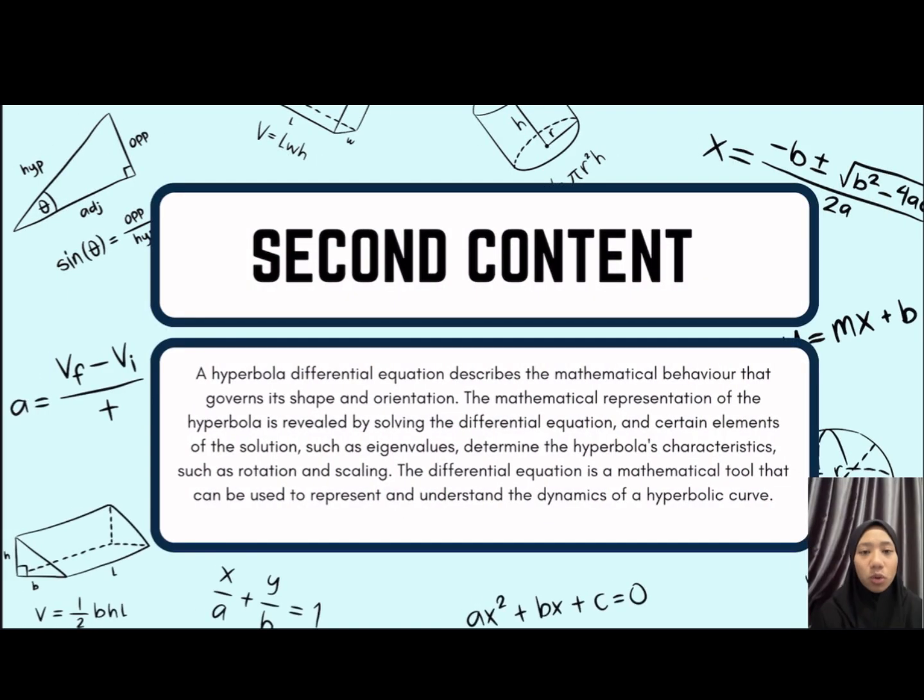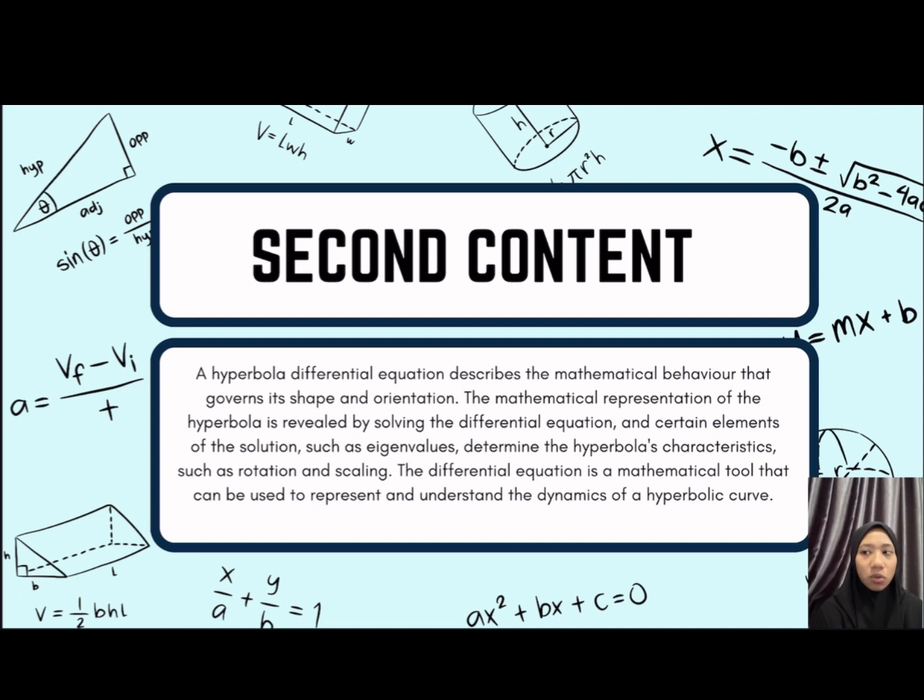How is the differential equation related to the hyperbola? A hyperbola differential equation describes the mathematical behavior that governs its shape and orientation. The mathematical representation of the hyperbola is revealed by solving the differential equation, and certain elements of the solution, such as eigenvalues, determine the hyperbola's characteristics, such as rotation and scaling.